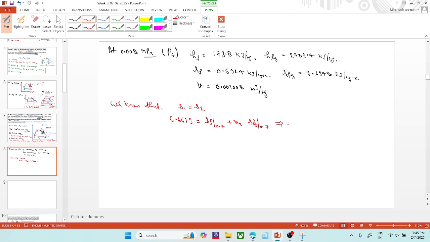So we will put the values here. 6.6613 is equal to this value we are having 1.9918 plus x2 into 4.7153.